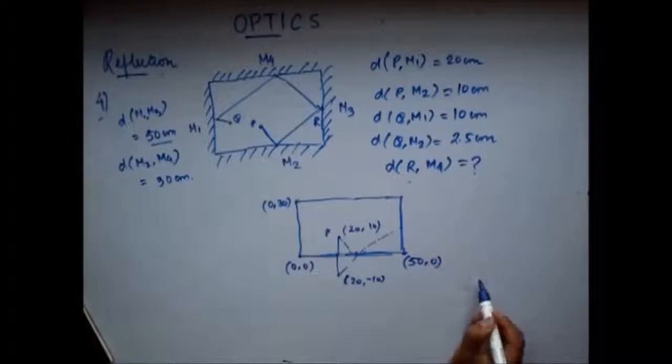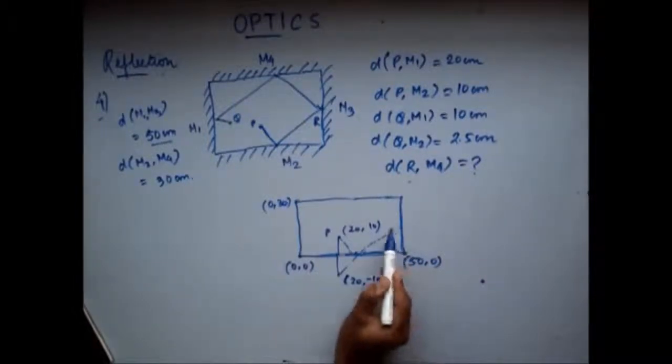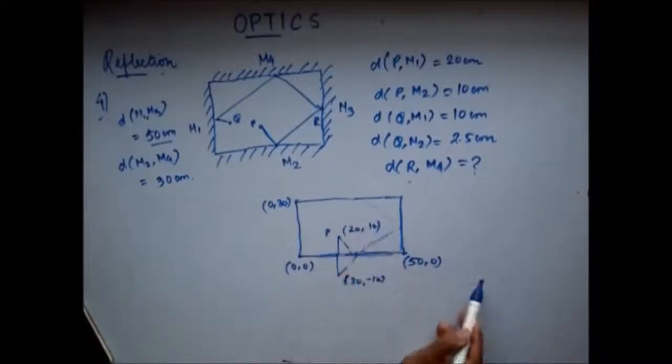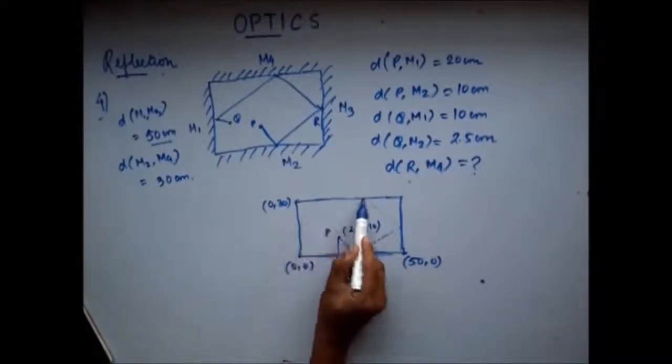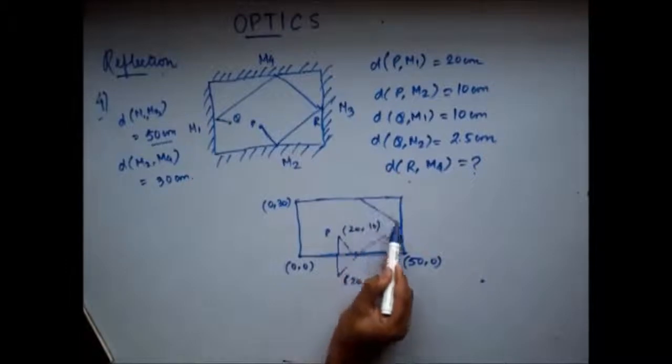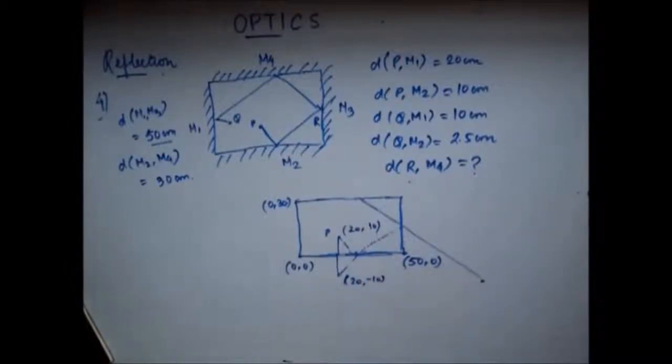So this mirror will form an image somewhere here, and for this mirror, this is the object. Now let's see what's the coordinate of this point. Let's call this point x.